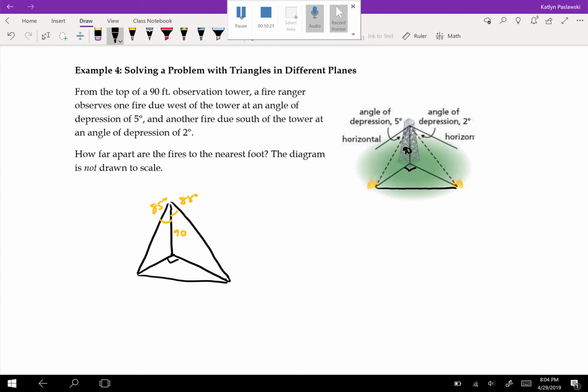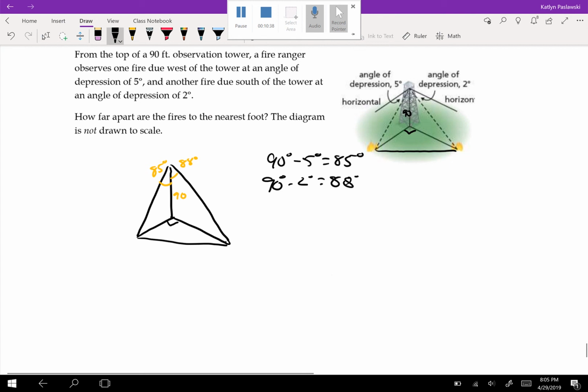So I took 90 degrees minus 5 degrees to give me 85 degrees, and 90 minus 2 degrees to give me 88 degrees. I know the pole or the tower is 90 feet, so I have two pieces of information that I can use to solve for my length, which in this case is solving for the opposite.